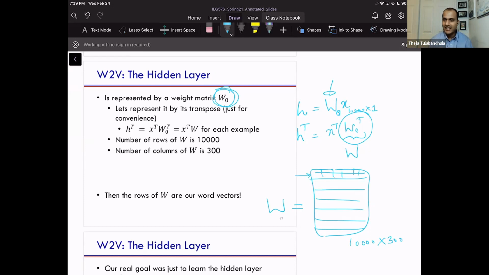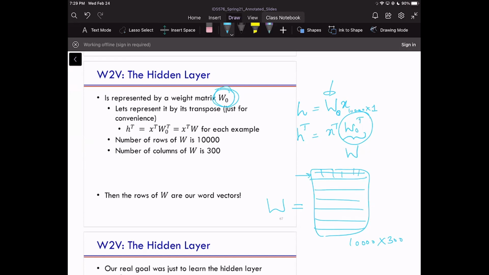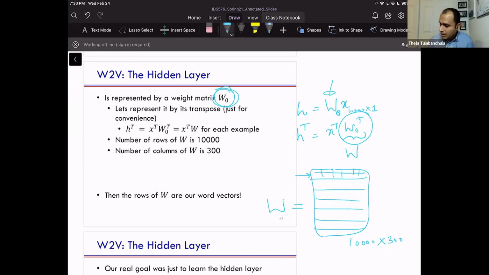That's our definition. Any questions up to this point? What was the number of columns? It represents which parameter? Can you just repeat this one? Oh, in terms of W here, the number of columns is going to be 300.